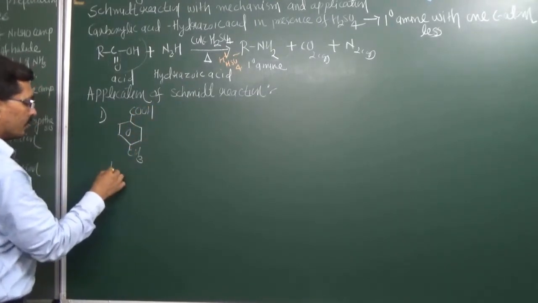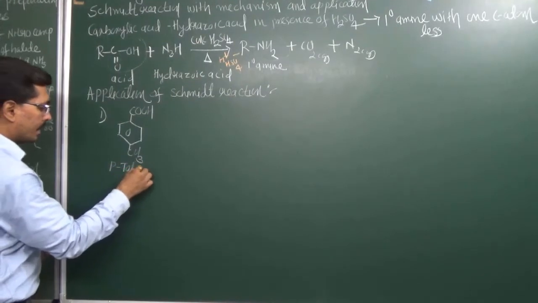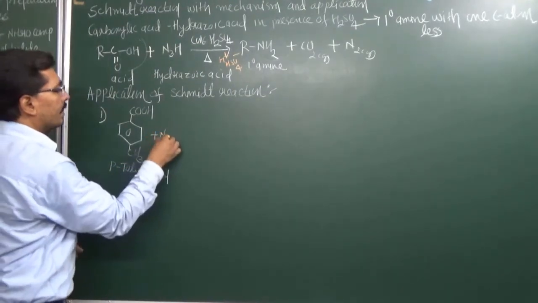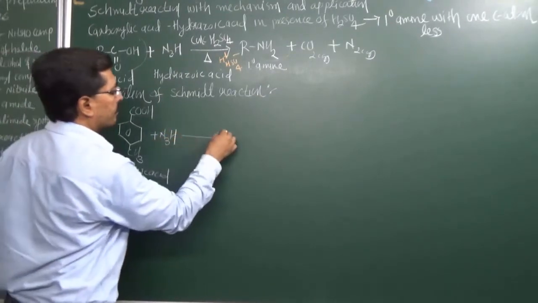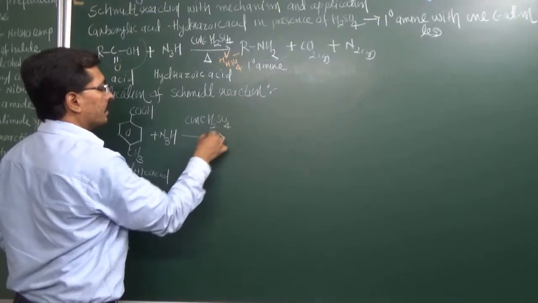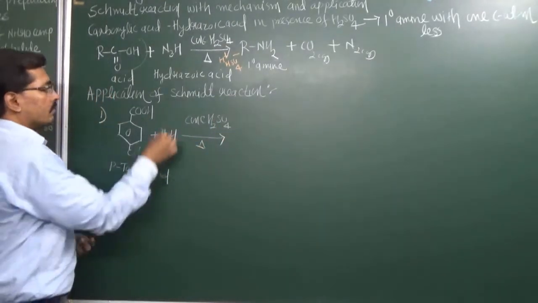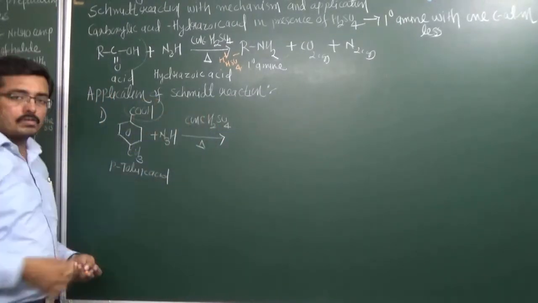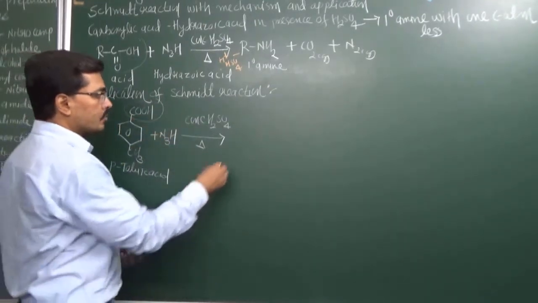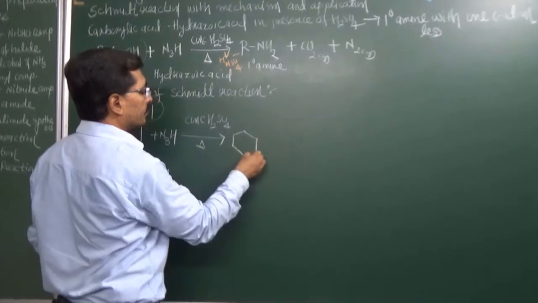This structure is known as para-toluic acid. This para-toluic acid is allowed to react with hydrazoic acid in the presence of concentrated sulfuric acid. Very simple thing. You know the mechanism very well. When N3H and concentrated sulfuric acid are there, the COOH group is converted into an NH2 group, and we get this product.